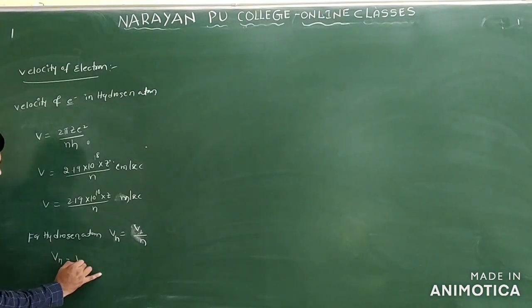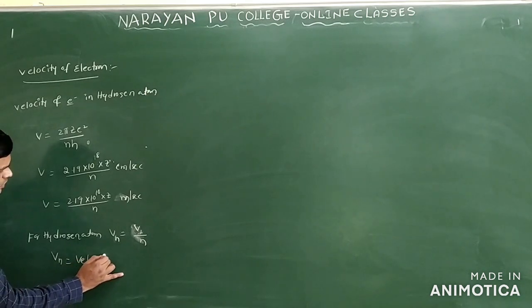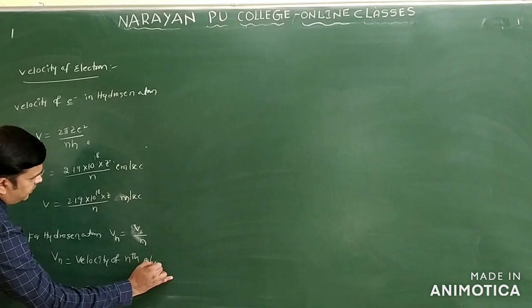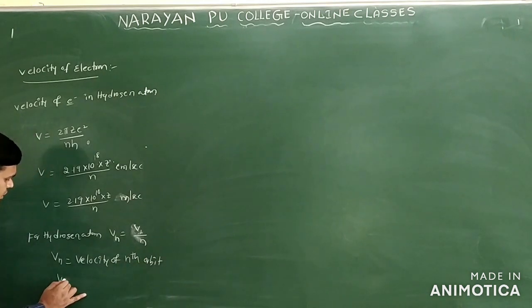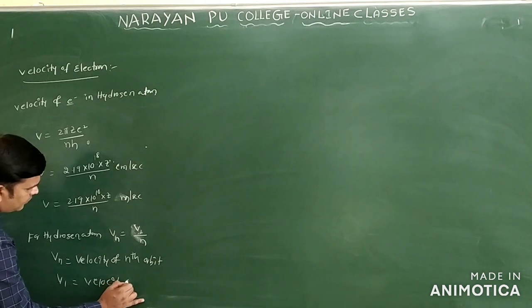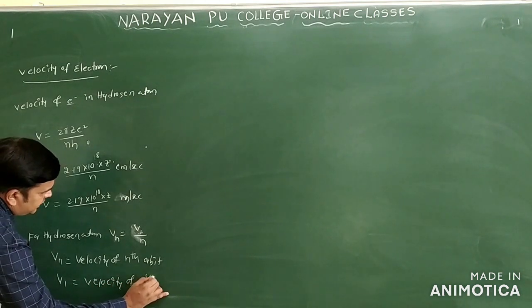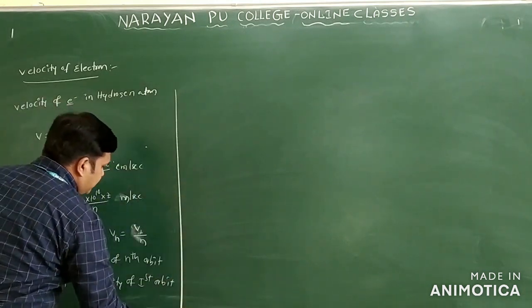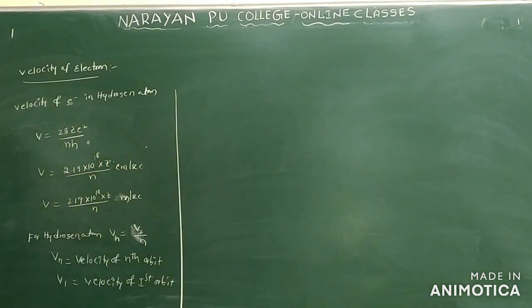Velocity of the nth orbit, and V1 is the velocity of the first orbit. What is n here? n is the orbit number: 1, 2, 3, 4 and so on.